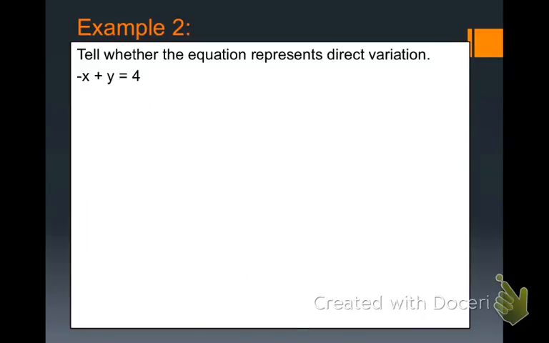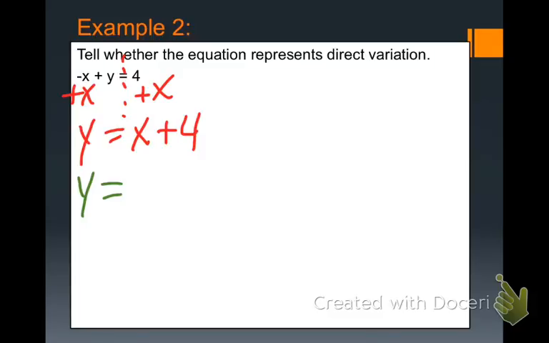Here's another example. Again, negative x plus y on one side makes it a little hard to tell, so we need to move that negative x over. Because it's negative, we add x to both sides, and we're left with y equals x plus 4, or 4 plus x. Again, we ask ourselves, is that of the form y equals ax?